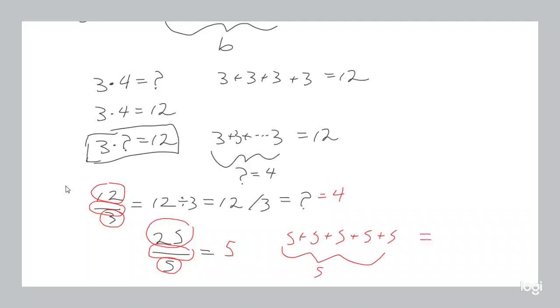You add 5 up 5 times, that'll get you 25. So division is also addition. Addition, subtraction, multiplication, division, it's all different forms of addition. Now let's take it further.